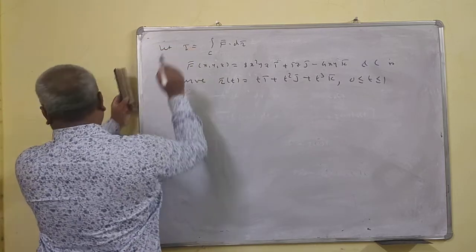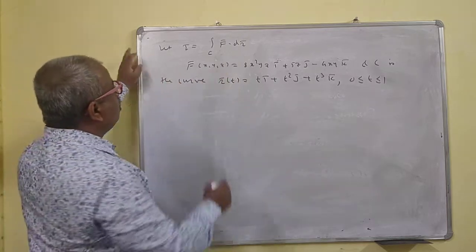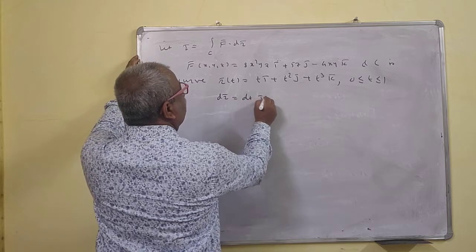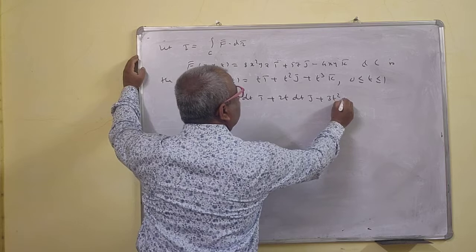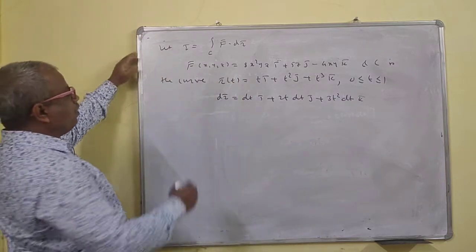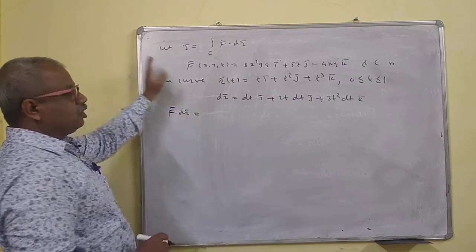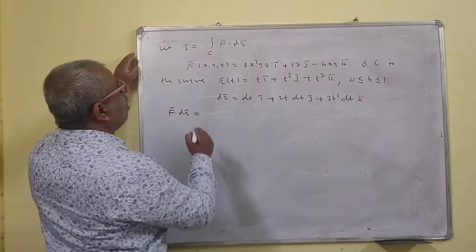Let I is equal to this. Okay, so this is f bar. Now dr bar is dt i bar plus 2t dt j bar plus 3t square dt k bar. Okay, now we find f bar dot dr bar. Just write in terms of x, y, z. The components, you have to do product of the components only.